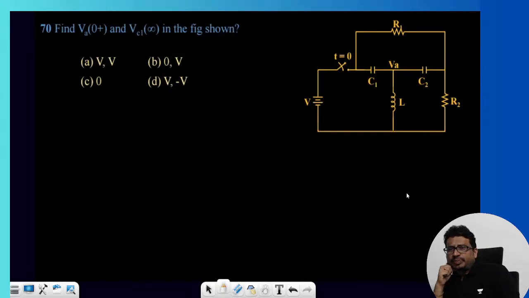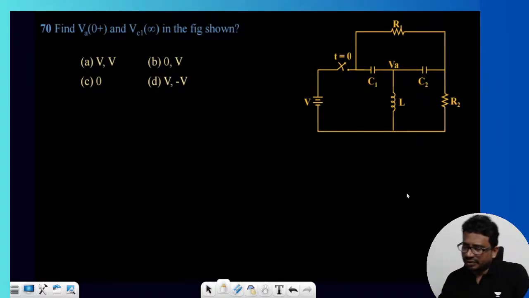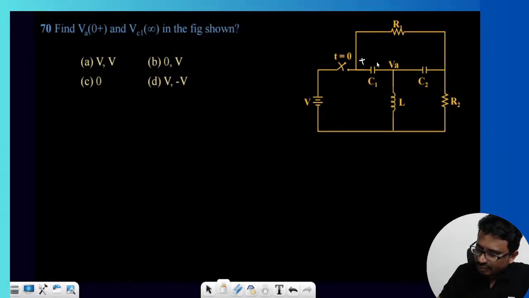Find V of 0 plus and VC1 of infinity in the figure shown. V of 0 plus is the inductor voltage, and VC1 is here. Now let's see.